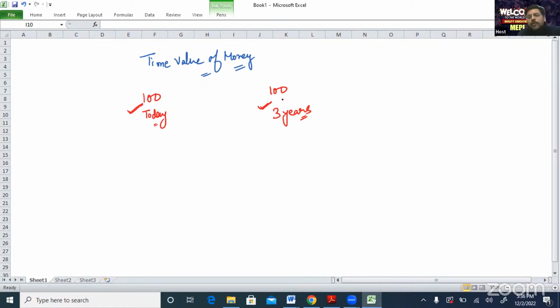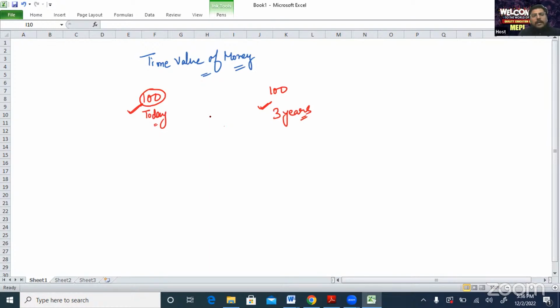But I cannot compare these two options because the timing is different. I cannot say that 100 rupees today is equal to 100 rupees after 3 years. Because if I receive 100 rupees today, then what I can do? I can invest it somewhere and I can earn some money.